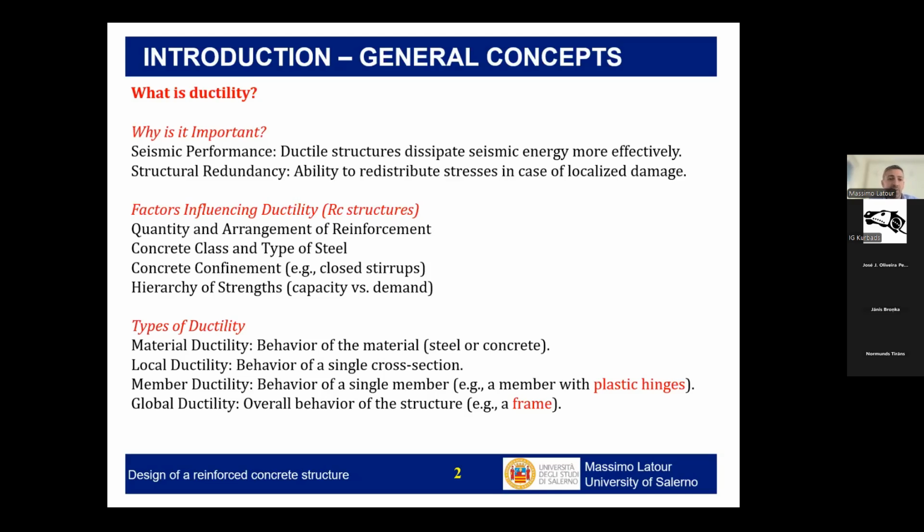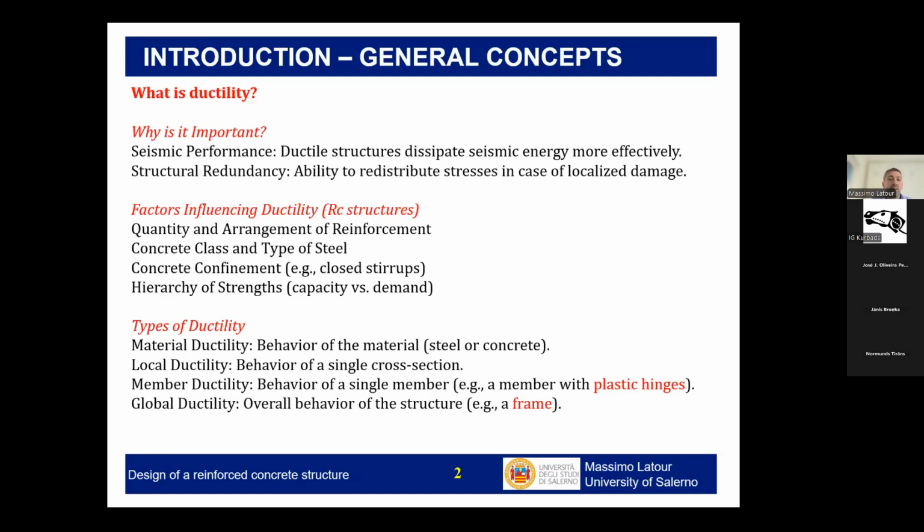Designing for higher forces means having larger elements, larger cross-sections, and higher costs. In some cases it is still possible for simple structures like single-story buildings, industrial buildings, or buildings which have a low mass, like some types of wood construction. But in most cases, we will have to deal with ductility. We cannot avoid it.